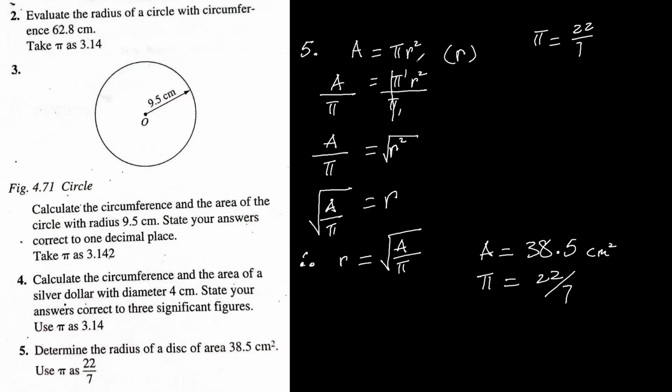I'm going to help you all by writing out what you're supposed to be doing. So r on the board is equal to the square root of A, which is 38.5, divided by 22 over 7. 38.5 divided by 22 over 7.